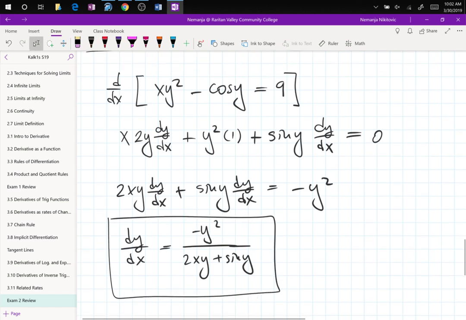Now, I did mention, I did say this last time, right? Tangent line problem involving the implicit differentiation, don't go through algebra, just plug everything on the first line, because you have your x, you have your y, and each dy dx becomes m, right?